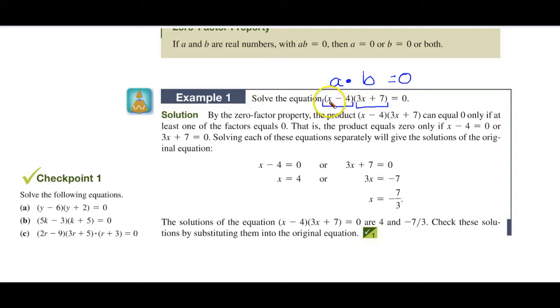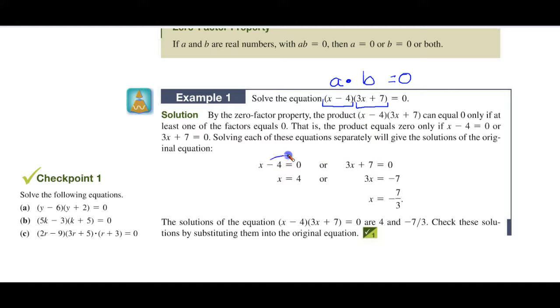Well, once again, the only way that this could be true is if this factor, which is right here, equals 0, and this is the protocol of how to solve it, or if this factor equals 0.